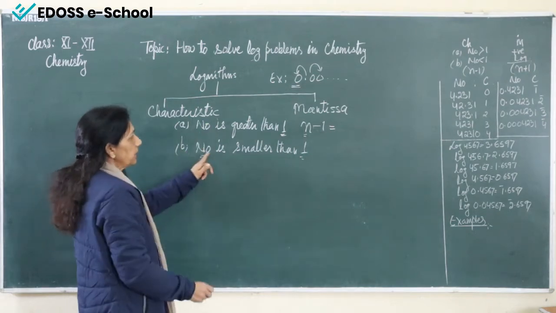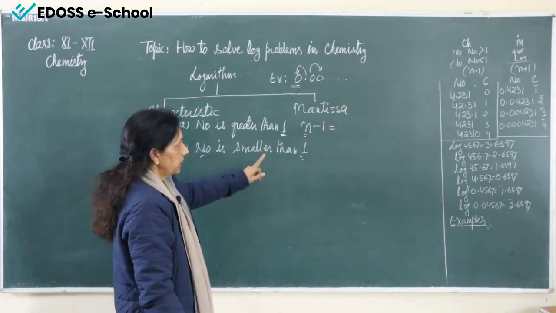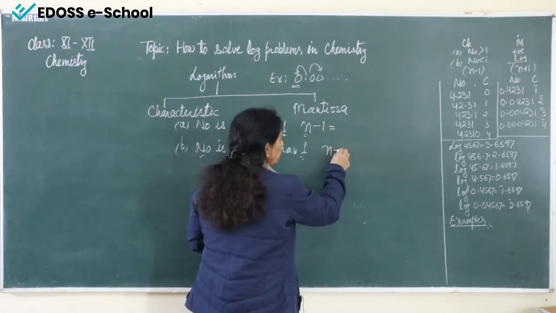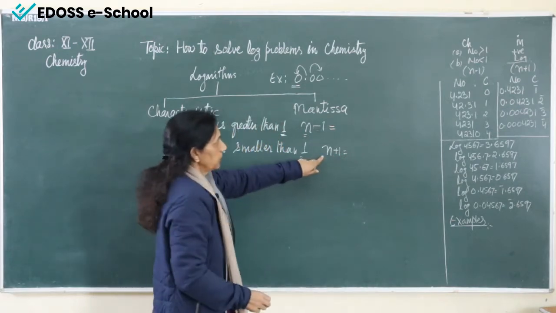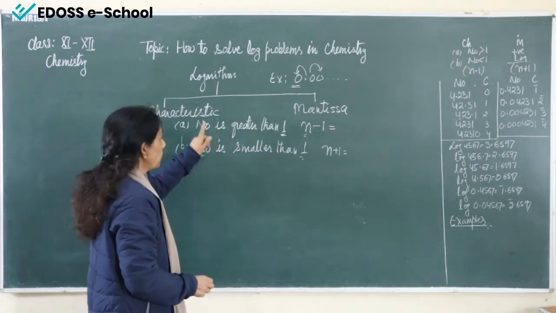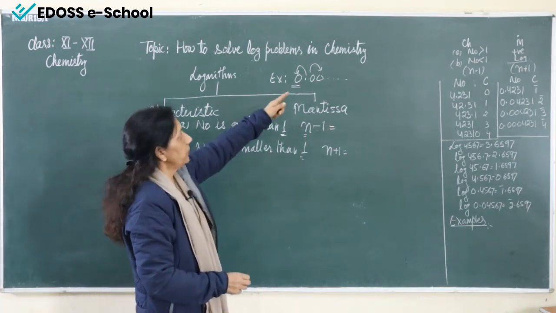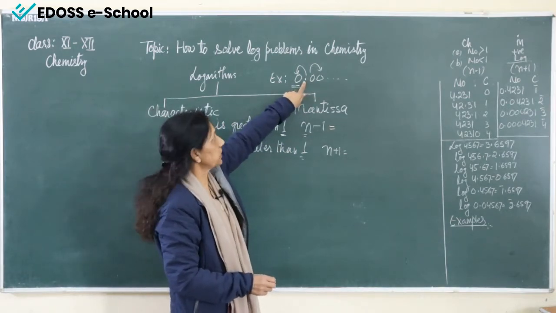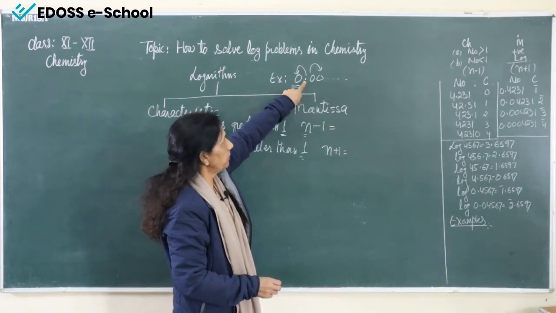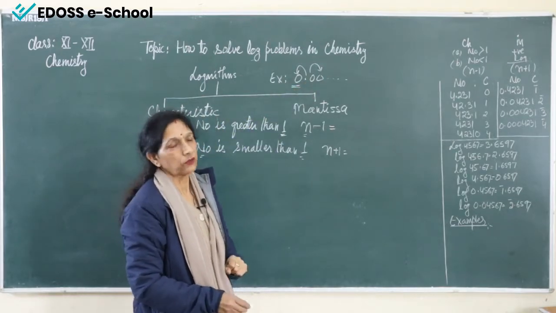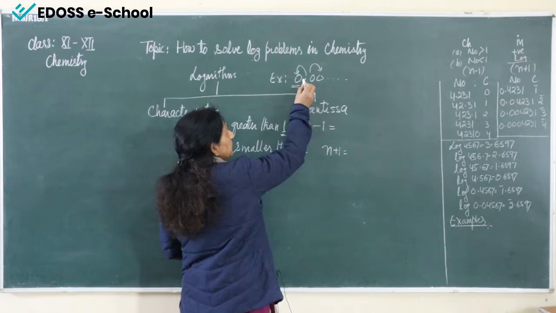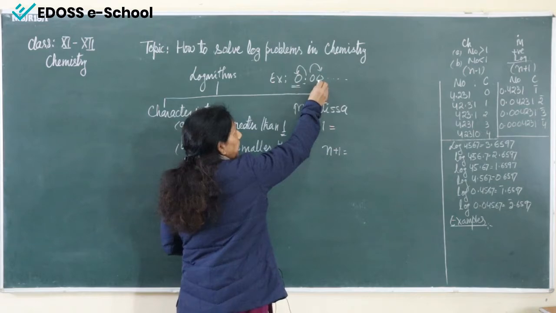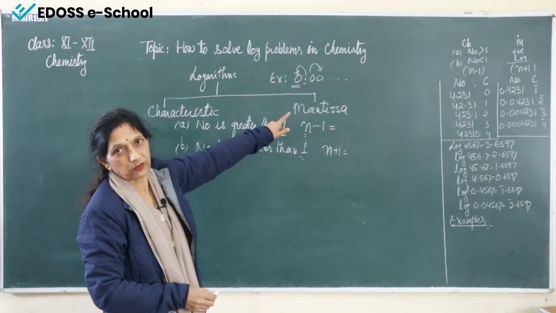Similarly, if the number is smaller than 1, how will we find the characteristic? Here we will add 1 to n. Because the number is less than 1, naturally the number will start from the decimal point, like 0.0 something. We have to see how many zeros are coming between the decimal place and the first significant number.